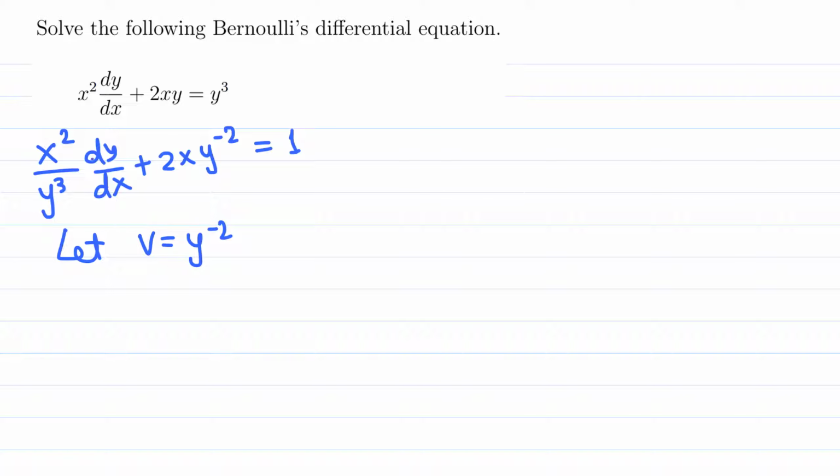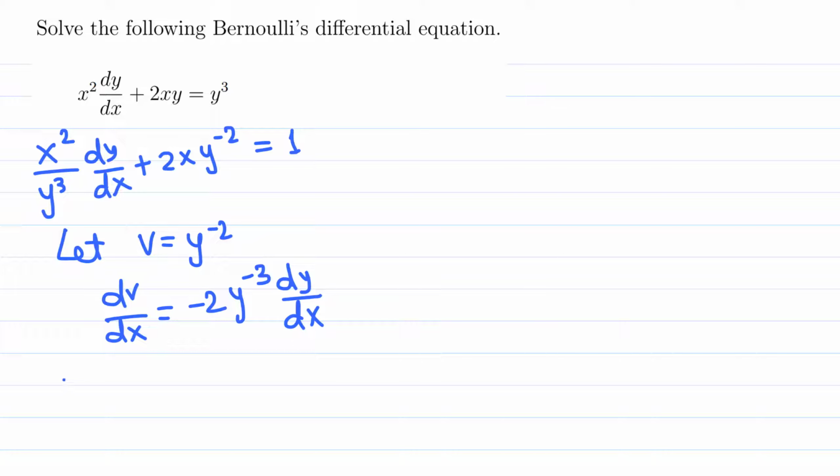So we need dv over dx here. Since we have dy over dx, let's find the derivative of both sides with respect to x. So dv over dx equals the derivative with respect to x: n y to the n minus 1, so negative 2 minus 1, negative 3, times, from the chain rule, dy over dx. Now we need to isolate dy over dx because we want to convert this.